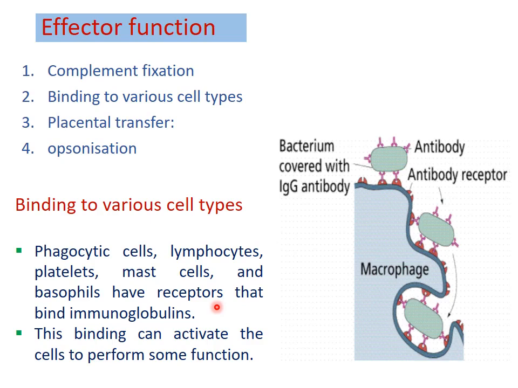Which of our cells has the complementary receptor for binding with the immunoglobulin? Immunoglobulin can bind with these cells via Fc receptors. And after binding, the cells perform their action, that is opsonization and neutralization of the toxin. Another effector function is placental transfer of immunoglobulin.